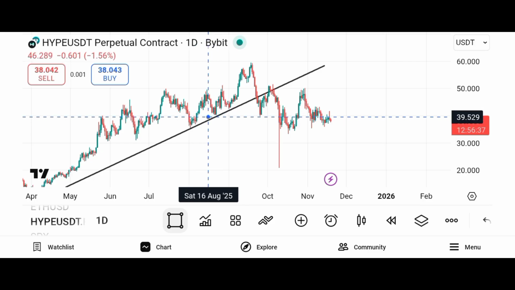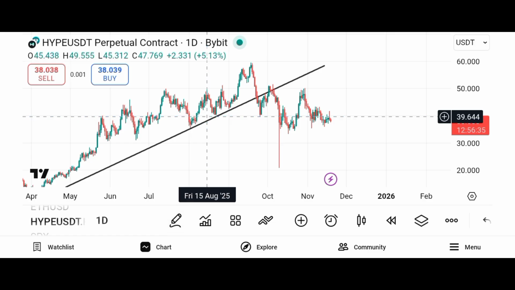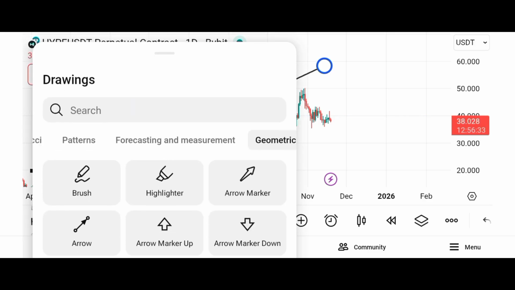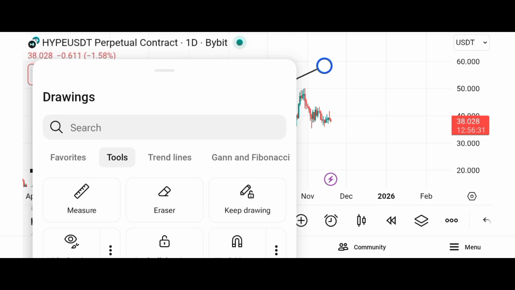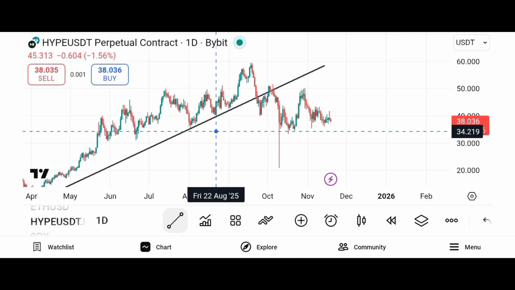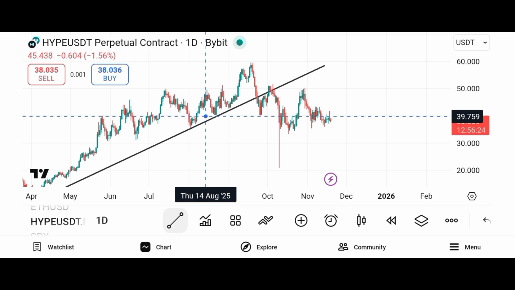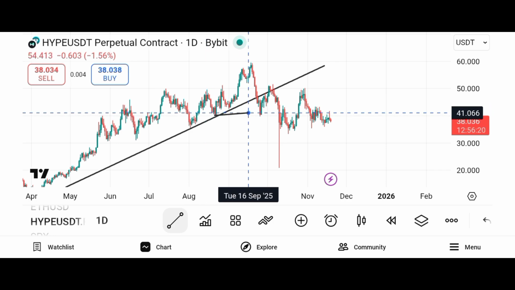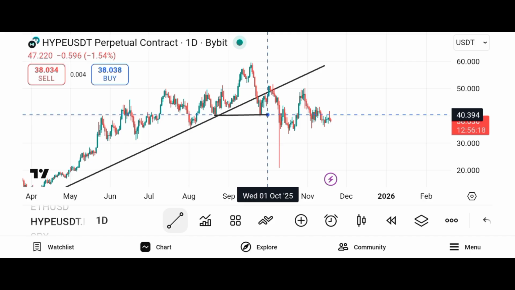This is it. Let me use this particular tool right here. You can call it a shift, a check.